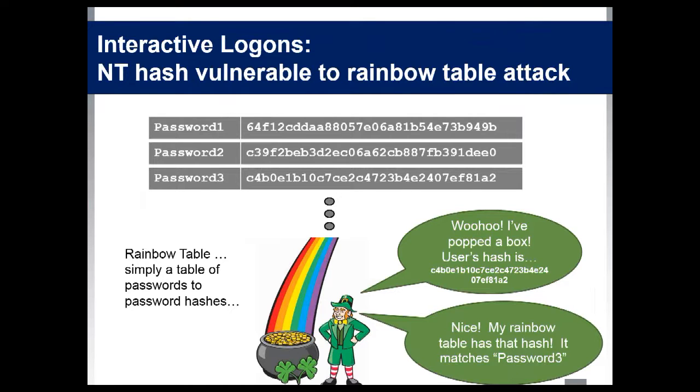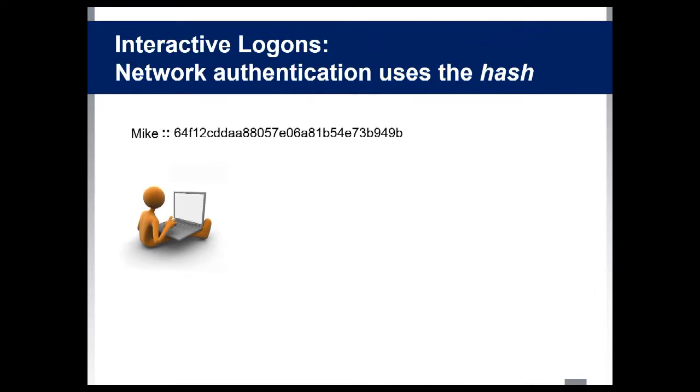So the NT hash is vulnerable to a rainbow table attack simply because there's nothing unique mixed in. My password of password 1 and John's password of password 1 that I had on the previous slide had the exact same password hash, that password hash at the top. Okay, so that's one problem.